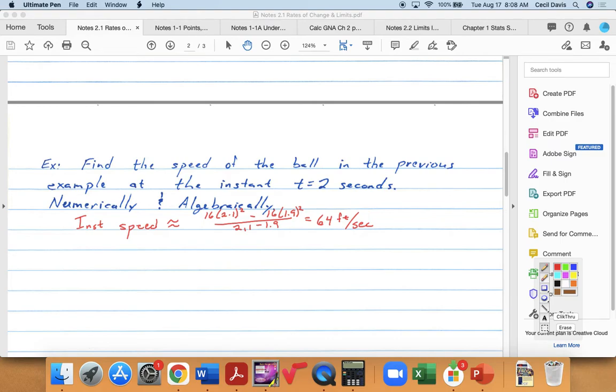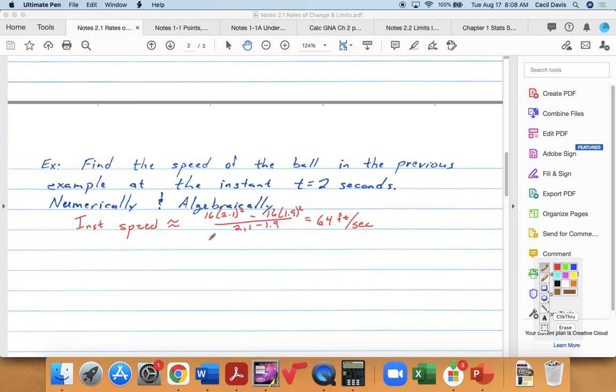It seems odd that it should be the exact number. One way I can verify that it probably is the exact number: Lance, you said make a smaller interval. What if I made the interval even smaller?